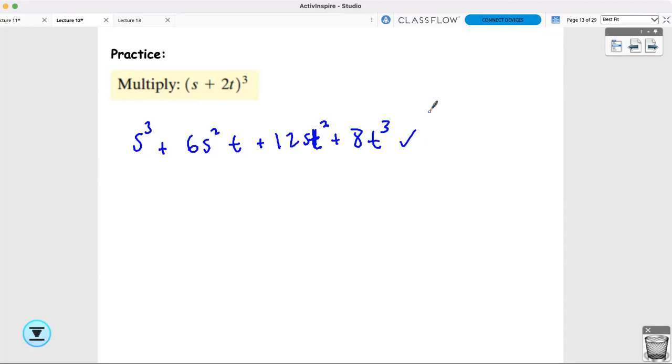Does anyone have any questions regarding this practice problem, guys? All right.